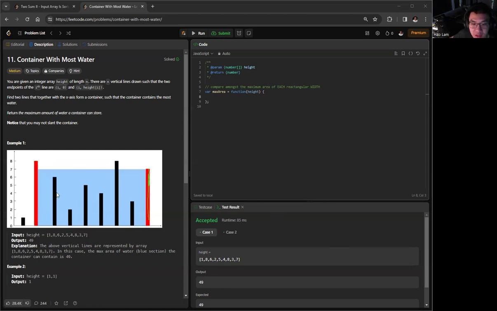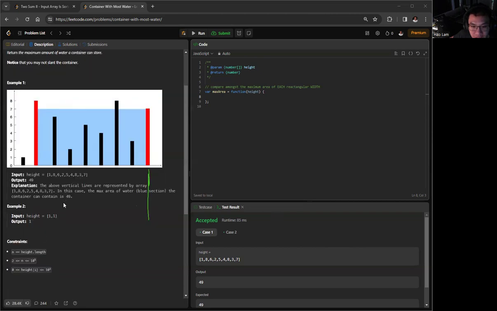Let's check out the constraints to see if anything is helpful there. So n is the length of height. And height[i] can be anywhere from 0 to 10^4.